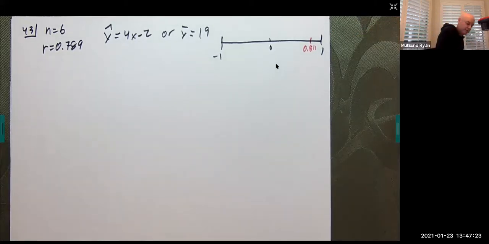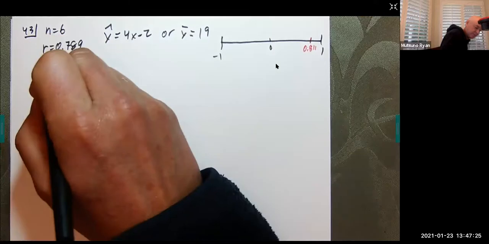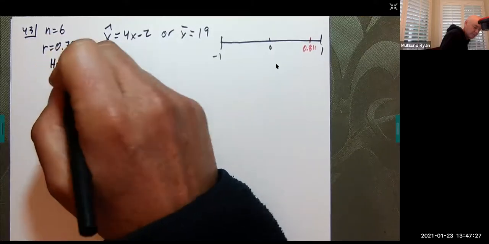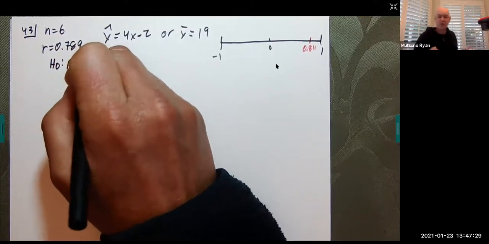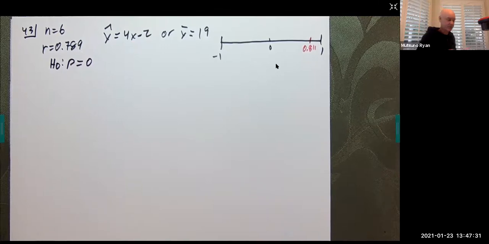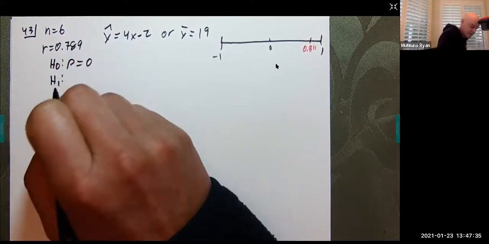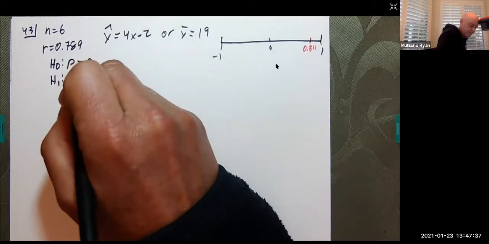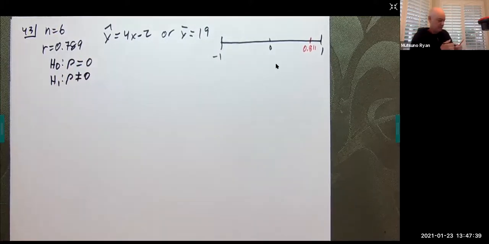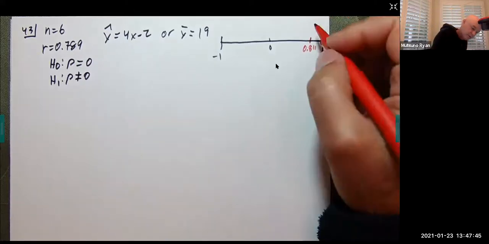And to be clear, we're going to assume that there's no correlation, which is what R equals 0 means, or rho in this case. And hopefully we can show that there is a linear correlation.